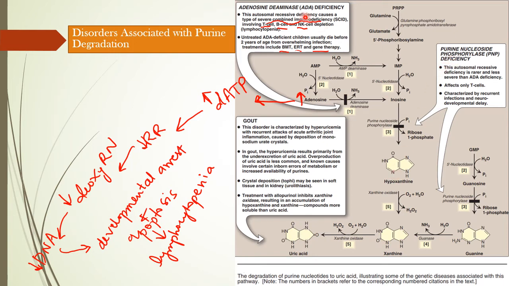Like ADA deficiency, PNP deficiency is also autosomal recessive, but it is rarer than ADA deficiency. It is also less severe than adenosine deaminase deficiency since it only affects T cells. Patients with PNP deficiency encounter recurrent infections and also neurodevelopmental delays.